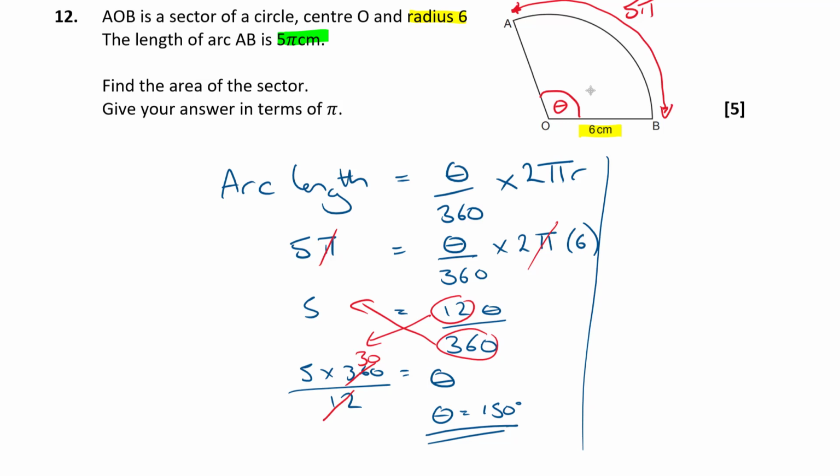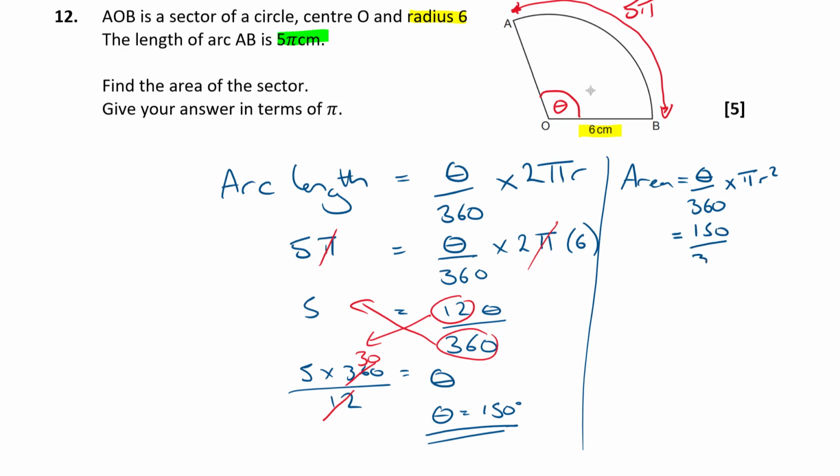So area of sector, so that is going to be theta. So my area is going to be theta over 360 times the area of a circle, which is just pi r squared, isn't it? Okay, so I now know that theta is 150.